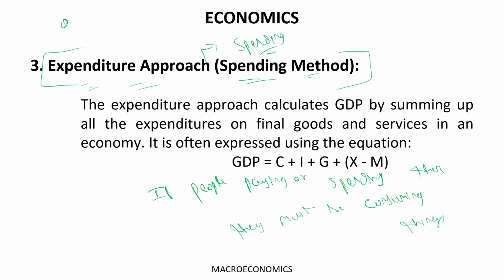Like if there is a person who earns rupees 8,000, and after a few days he has only 4,000 rupees left with him, then these 4,000 must have been spent on some things for consumption. So that is the basic principle behind the expenditure approach.